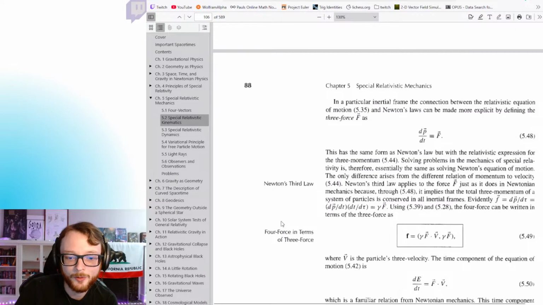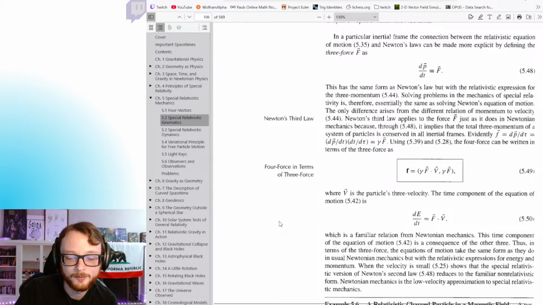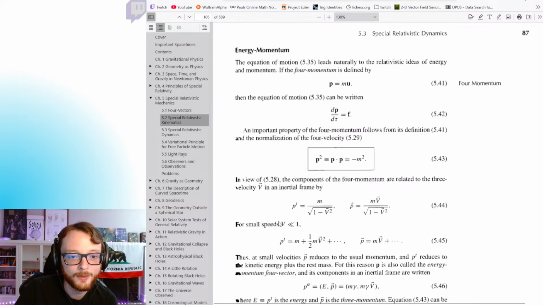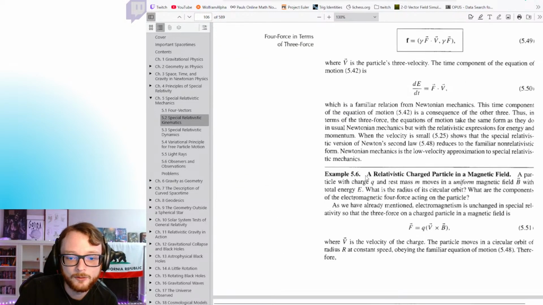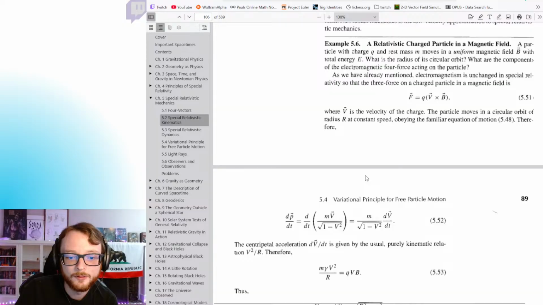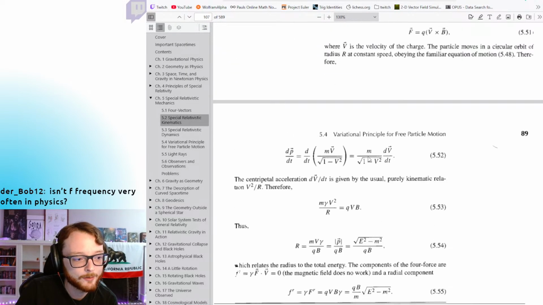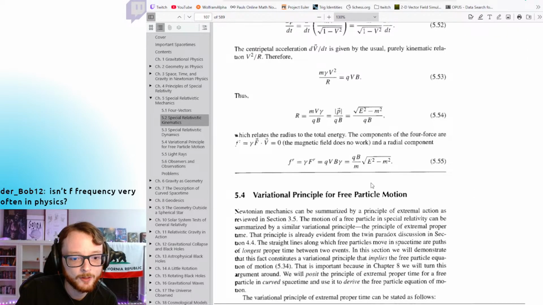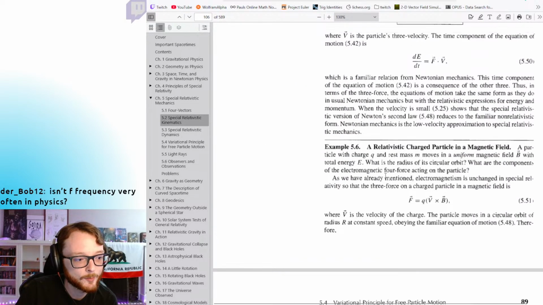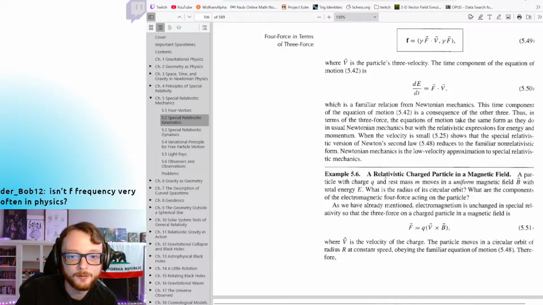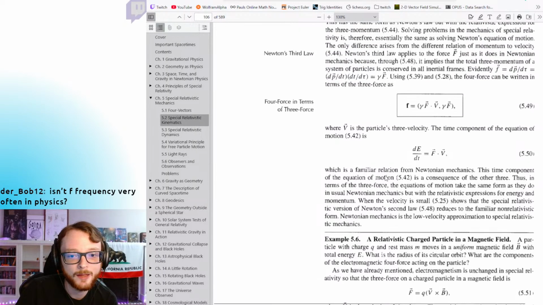I guess that makes sense for a dot product given how work is defined. Isn't F frequency very often in physics? Generally, for anything that's oscillating, we do talk about the Doppler shift in a little bit here, if that's what you're talking about. Oh wait, you're talking about F as a variable?